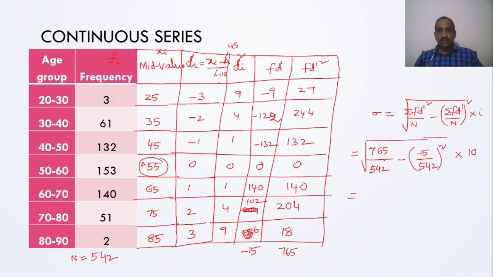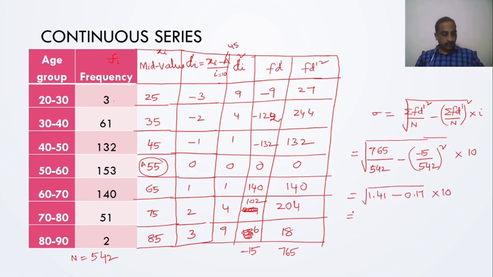Just substitute the values here. 765 divided by 542 is 1.41, minus, 15 squared is 225. 225 divided by 542 equals 0.41. 0.41 into 0.41 gives 0.17.